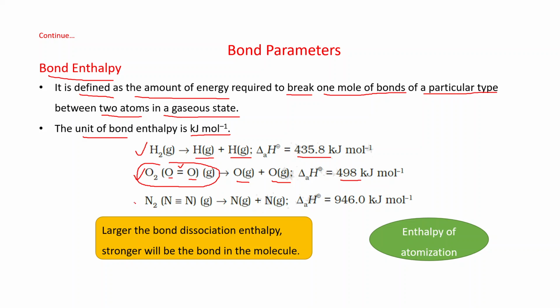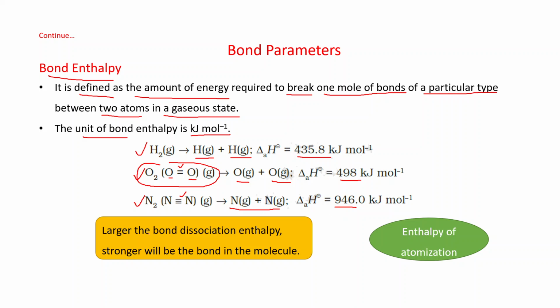In the same way, in nitrogen, a triple bond is present between the nitrogen atoms, and the heat we supply to dissociate this nitrogen molecule into nitrogen atoms in the gaseous state is known as the bond enthalpy of the N≡N bond in the N2 molecule.